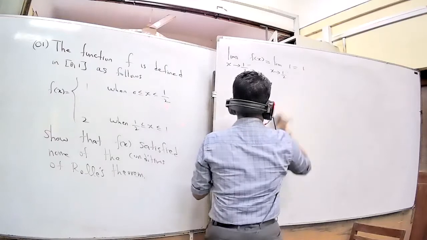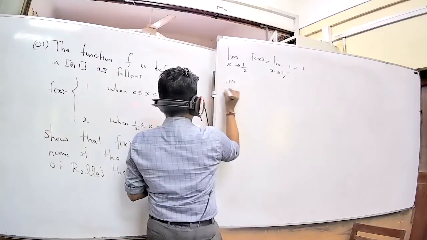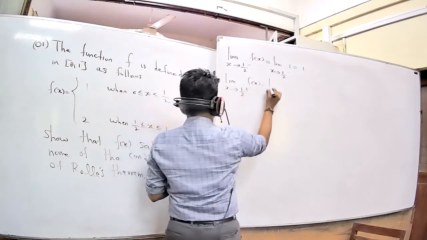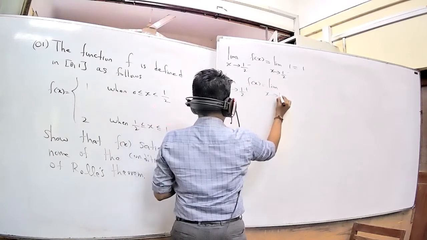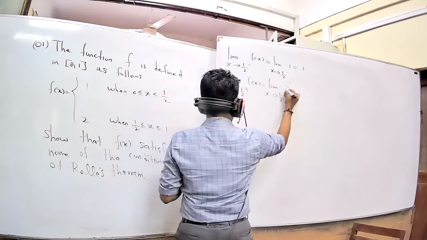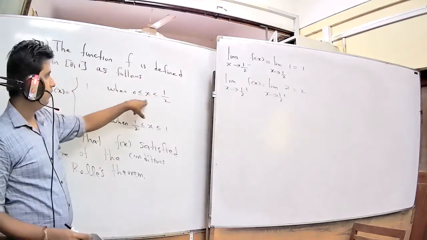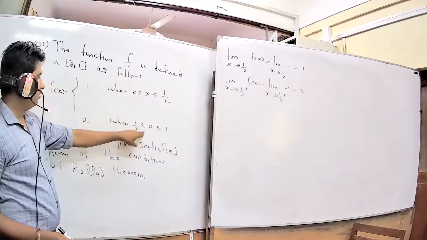Therefore the left limit is 1. The right limit of f(x): as x tends to 1/2 from the right, x is in the interval where the function takes the constant value 2, so the right limit is 2.